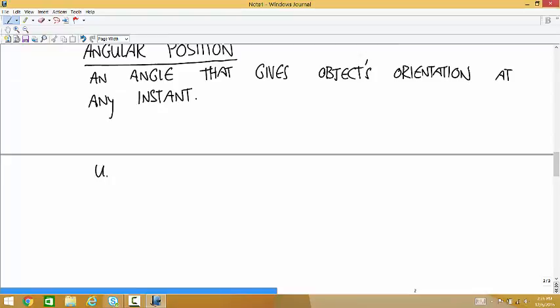The units are radians. We've always done our angles in degrees up until now, but these are all going to be given in radians. You don't have to change your calculators because we're not going to use sine and cosine with these. So for this whole class, you can keep your calculators in degrees.